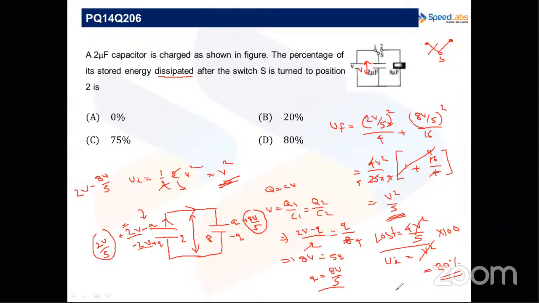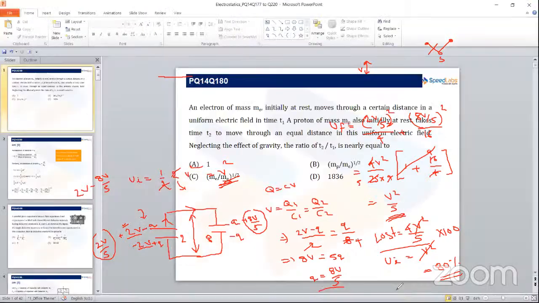Is that clear? Any issue in this question? तो फॉर्मूला याद कर लो. 1 second.